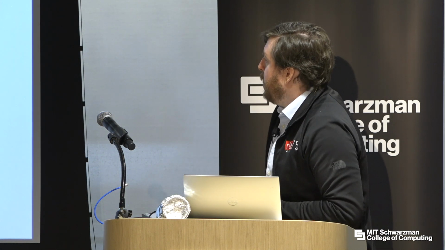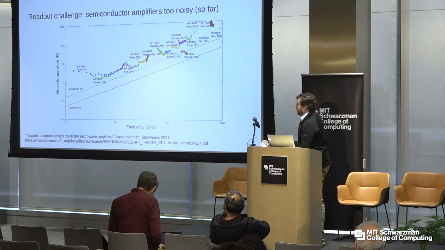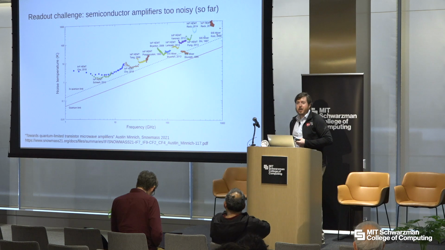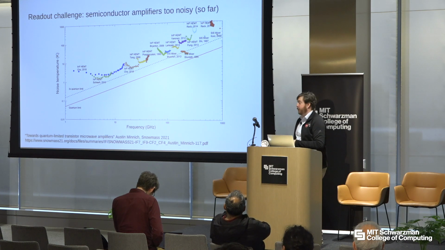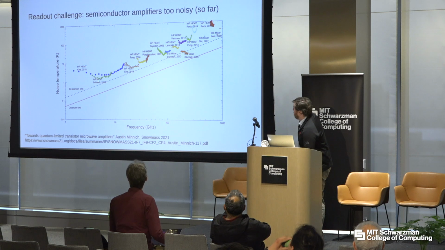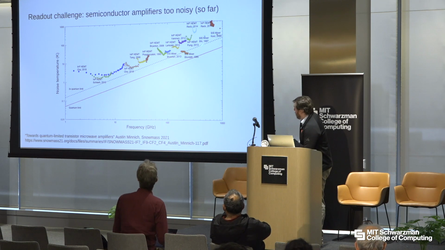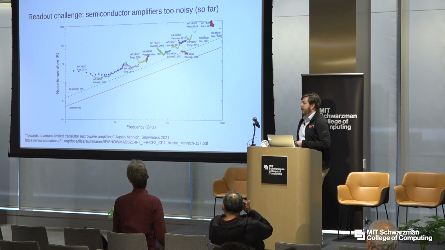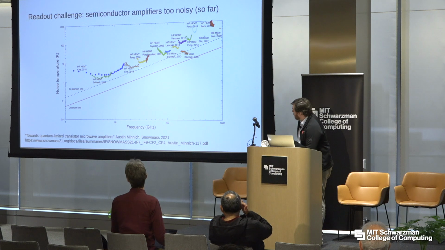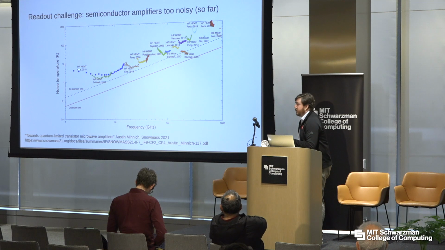Okay, so how do we actually perform that readout? You might say, just go and buy a semiconductor amplifier. If any of you work in RF or something like that, you can go online and order a really good semiconductor amplifier. But it turns out that if you cool these down, they can't achieve quantum limited noise performance. They're typically a factor of 3, usually more, away from the so-called quantum limit, which is the best an amplifier can possibly perform.